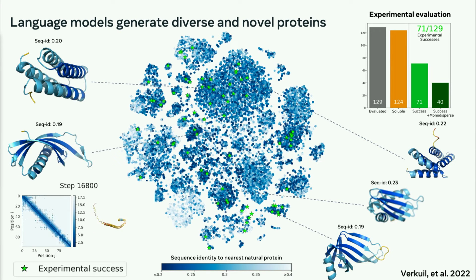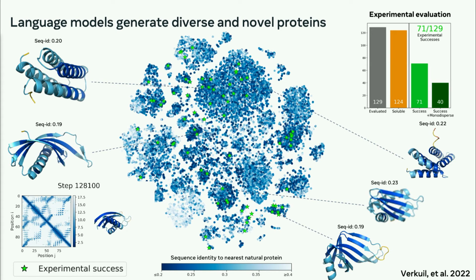And so this slide shows that they can, in fact, do this. This is an example of a generative model that's constructed just using the probabilities that the language model assigns to each position in the sequence, and we can basically sample from a joint distribution of sequence and structure that's predicted by the model, and we can generate new diverse proteins.